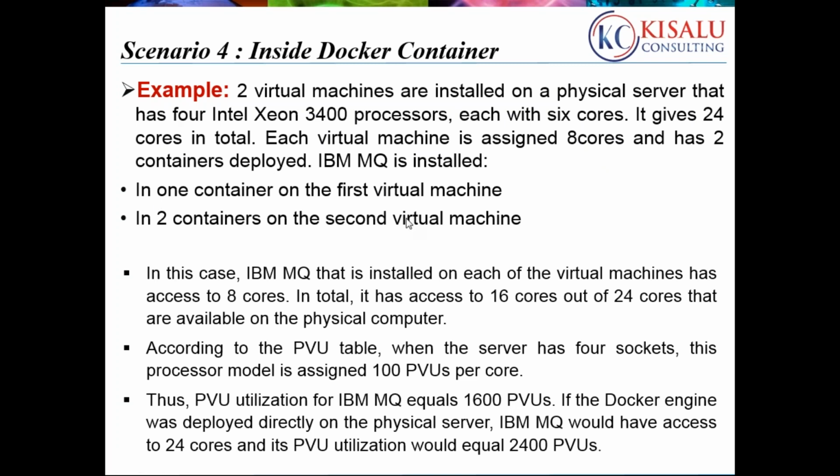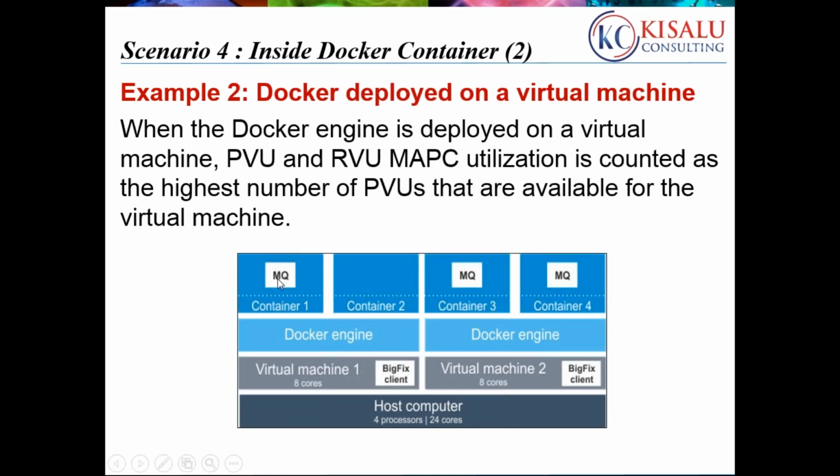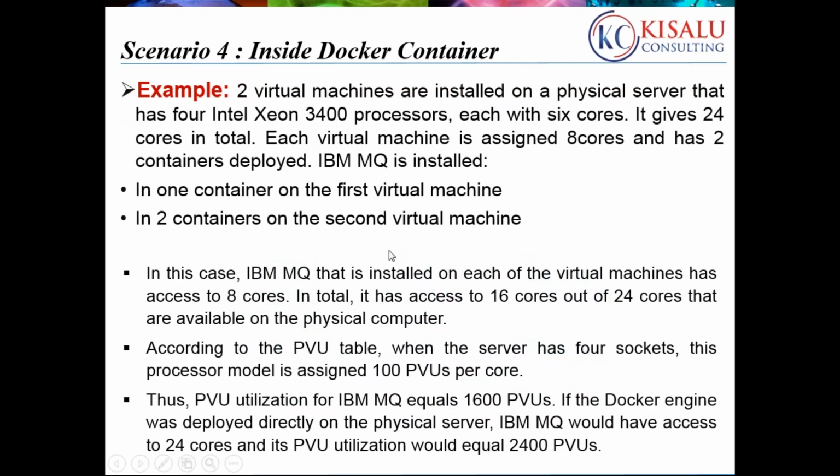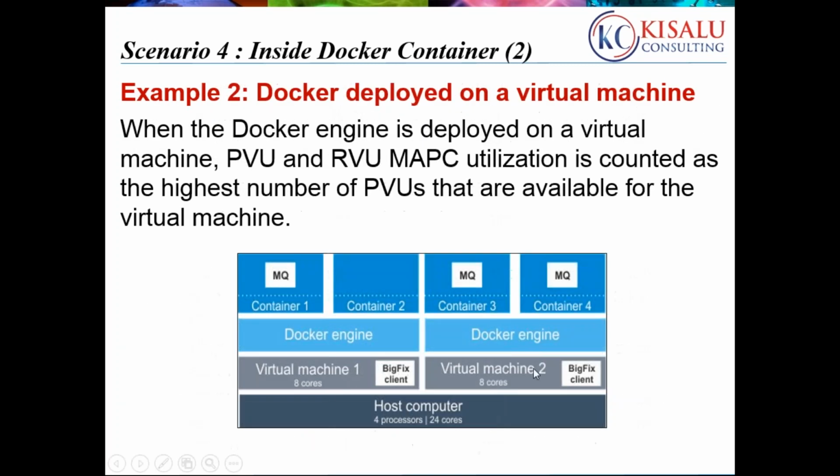MQ was installed in 1 container on the first virtual machine and on 2 containers on the second virtual machine. So MQ that is installed has access to 8 cores here, and on the second virtual machine it has access to 8 cores as well, in total 16 cores and not 24 like we've seen in the previous case.